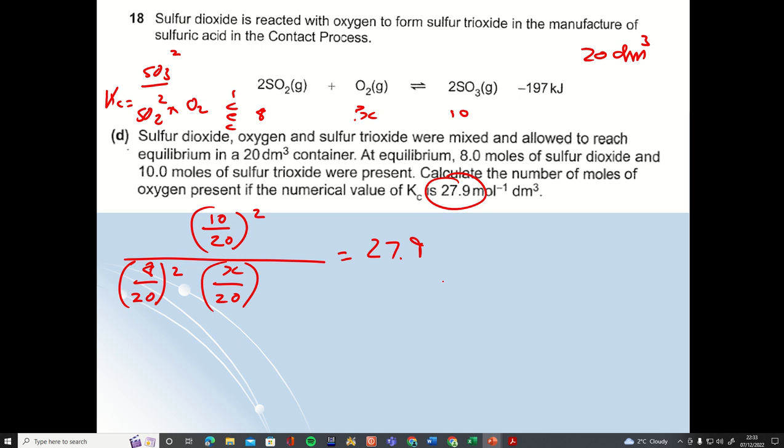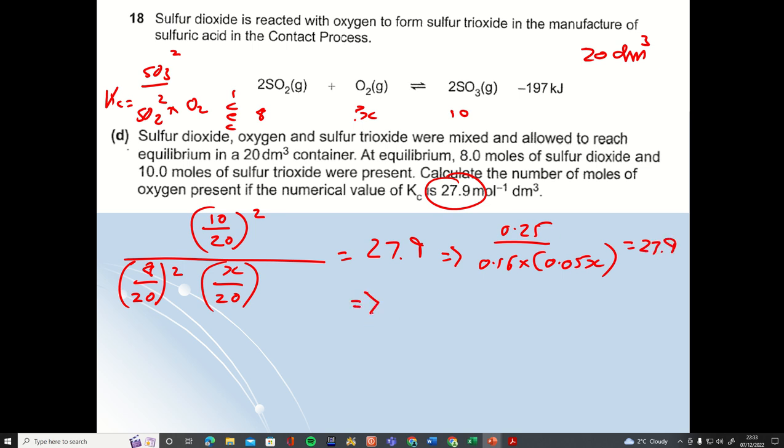Now if I solve that, the top line becomes 0.25, and the bottom line becomes 0.16 upon 0.05x, which is just x over 20. That still equals the Kc, of course.